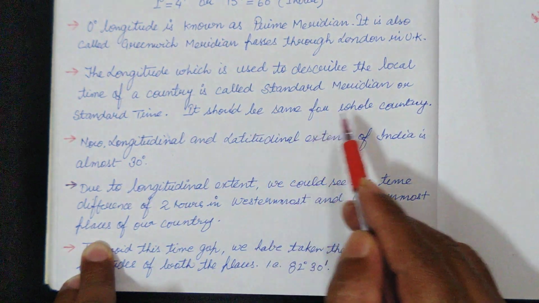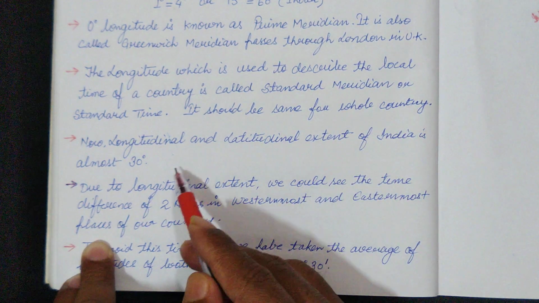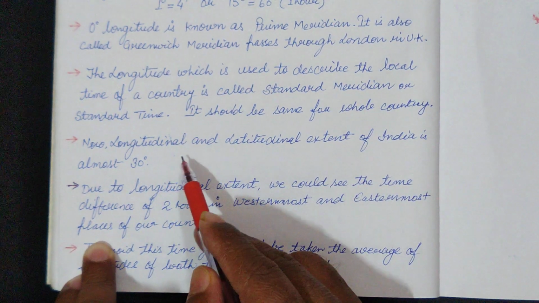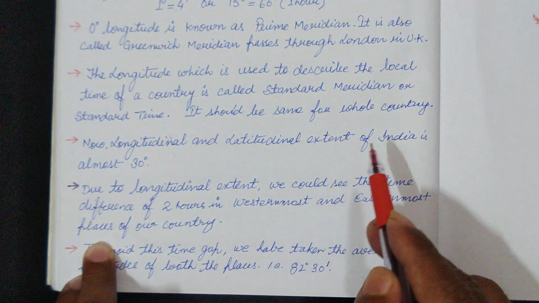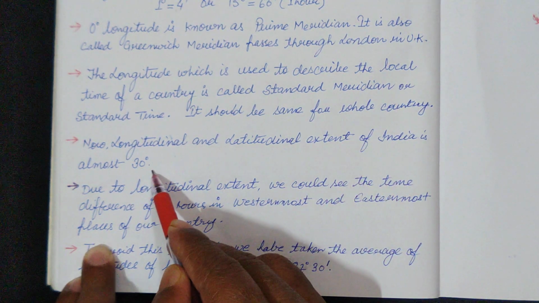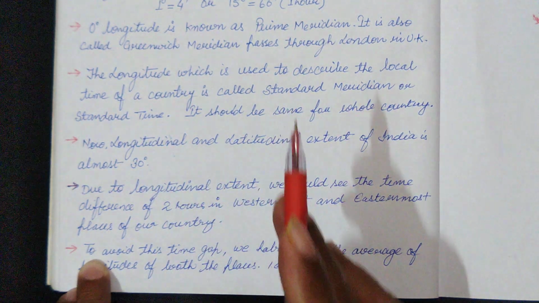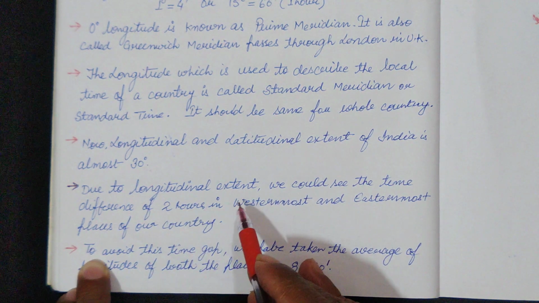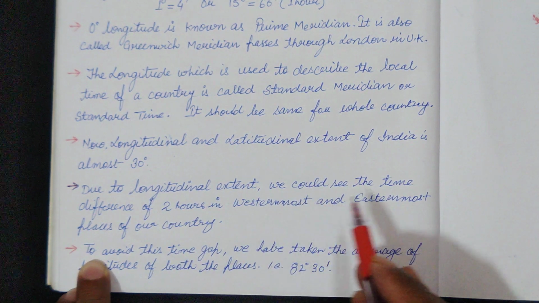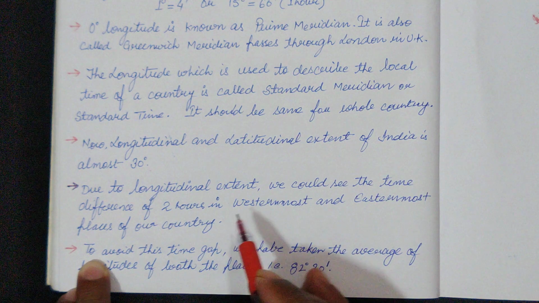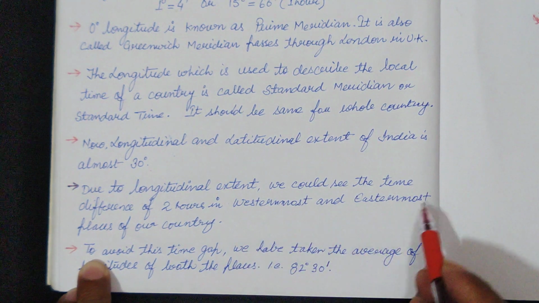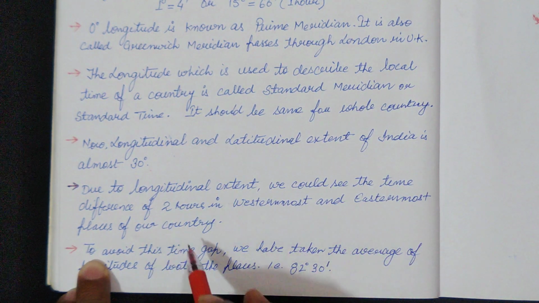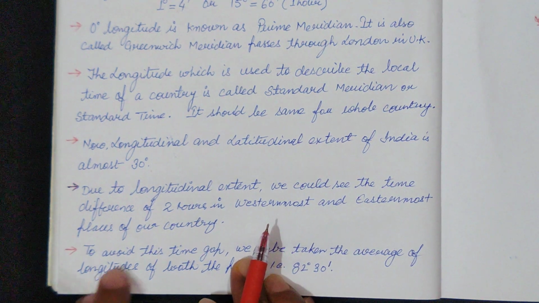It should be the same for the whole country. Now, the next point is that the longitudinal and latitudinal extent of India is almost 30 degrees. I have discussed this already. And due to the longitudinal extent, we could see a time difference of 2 hours between the westernmost point and the easternmost point places of the country.